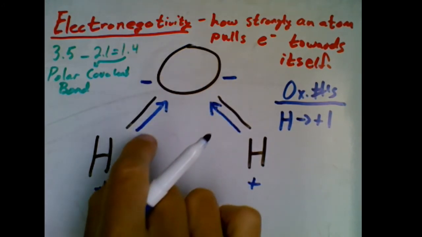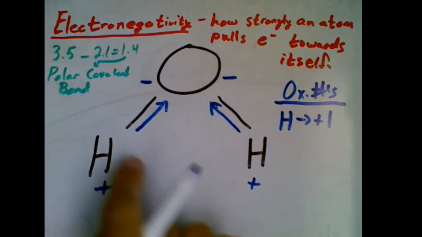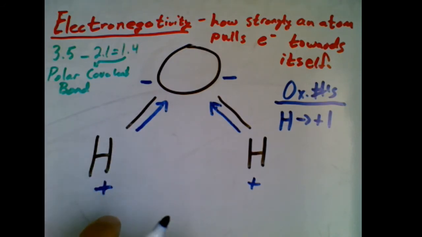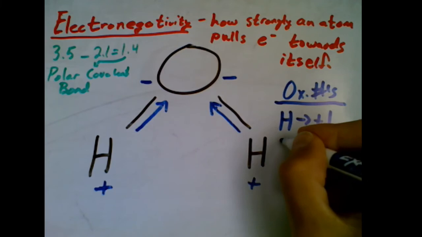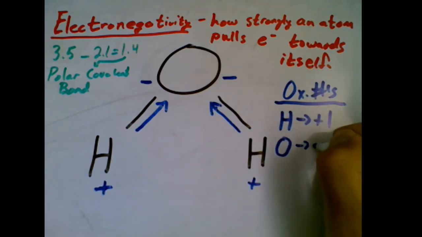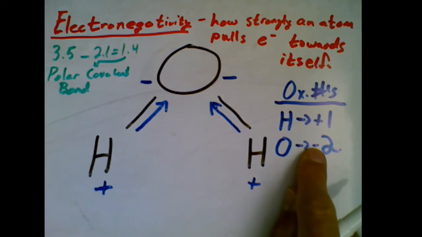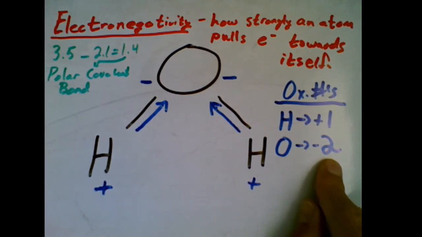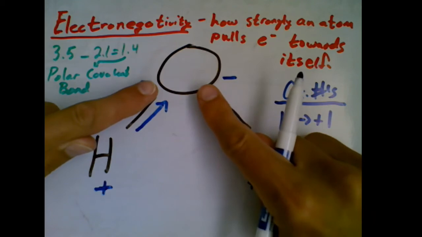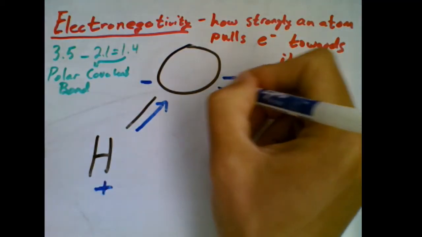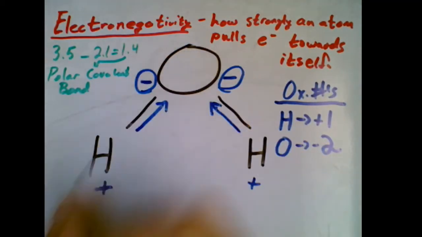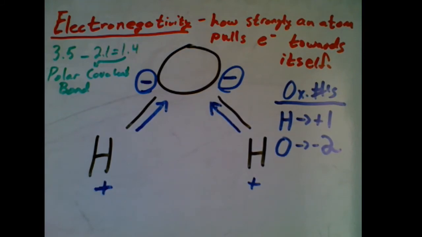Not completely, but partially, and good enough that we can actually count it as doing that. The oxygen, on the other hand, is actually going to get an oxidation number of -2, meaning it's gained 2 electrons. And it's gained 2 because it's actually pulling electrons from both hydrogens, gaining a little bit of a negative from each one.